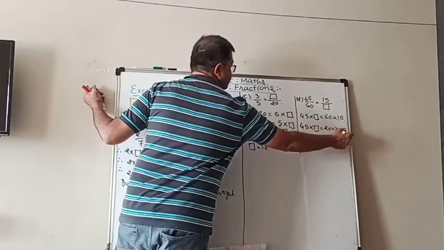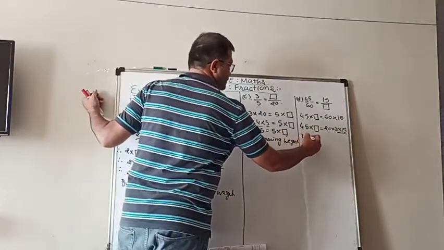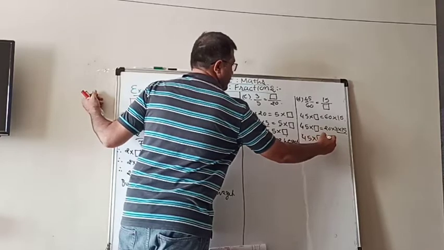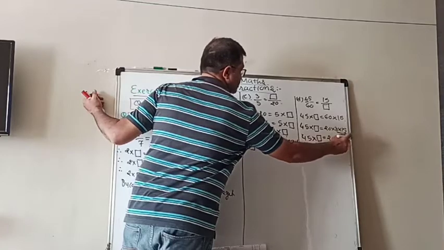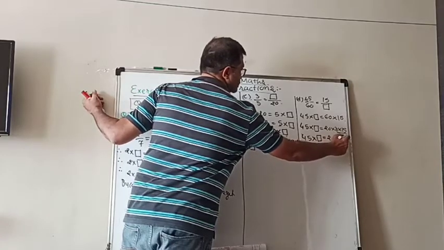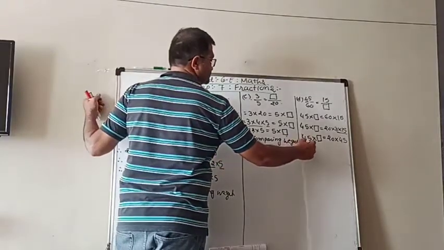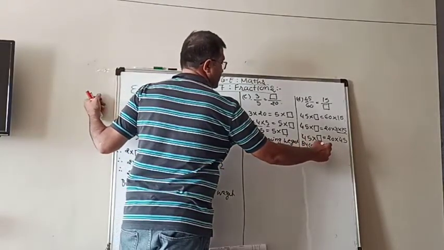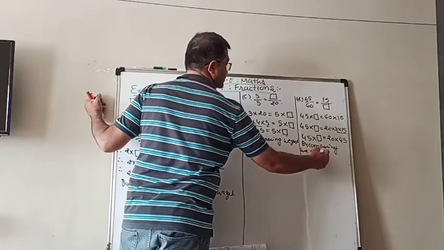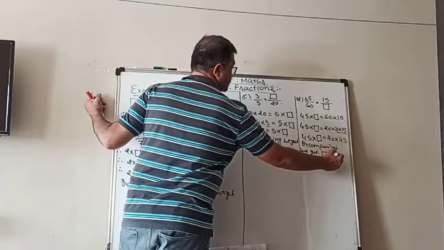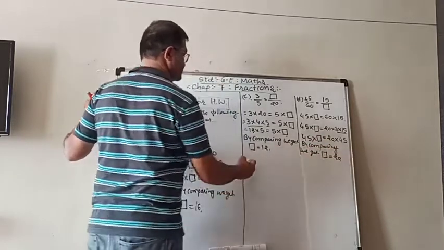So we can get 15 threes are 45. So 45 multiplied by box is equal to 20 multiplied by 45. So by comparing, we get box is equal to 20.